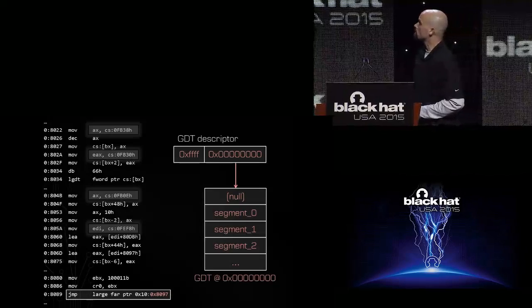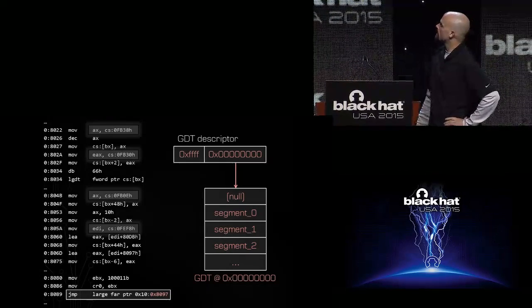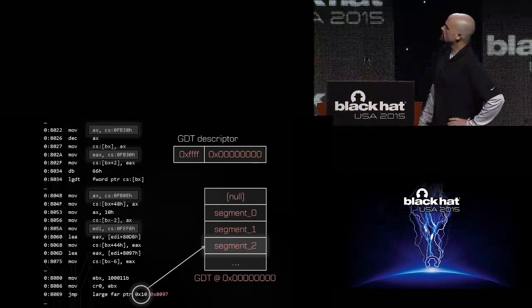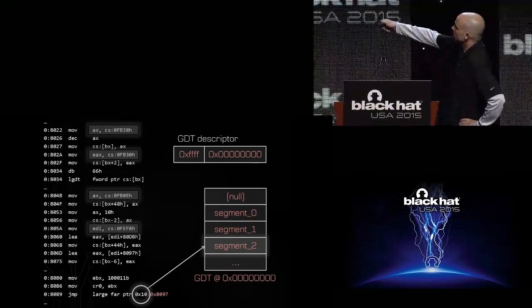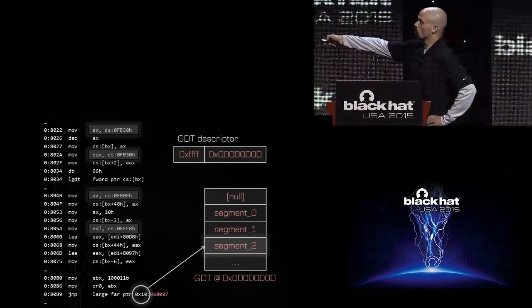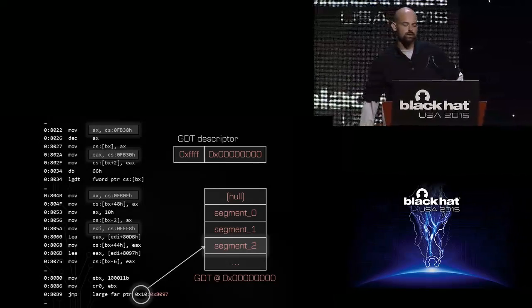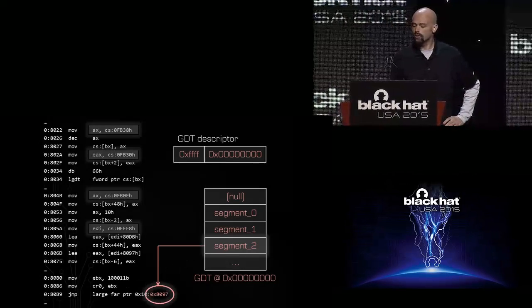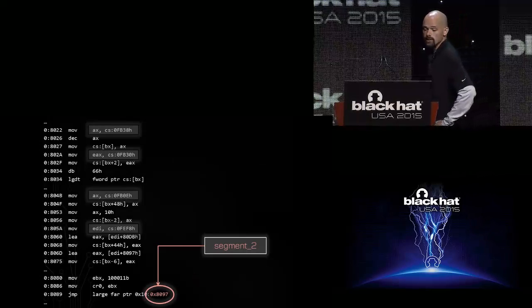So it's going to look up a global descriptor table at address 0. And it's going to move to offset 10 inside of that table and read a segment selector out of that offset. So the segment selector now, since this is in a GDT that we control, is also a selector we control. That means we control which memory mappings it's going to be using. The memory segment it's about to jump to is now under our control. It's going to add its offset to that memory segment base, and it's going to jump to that region.